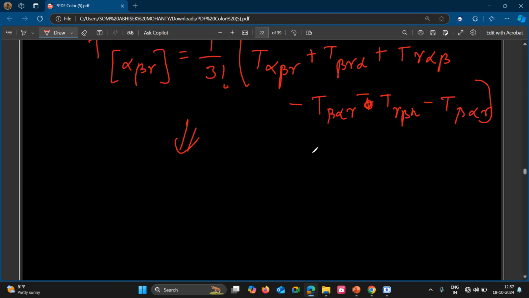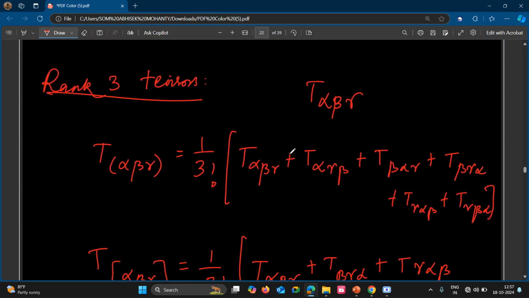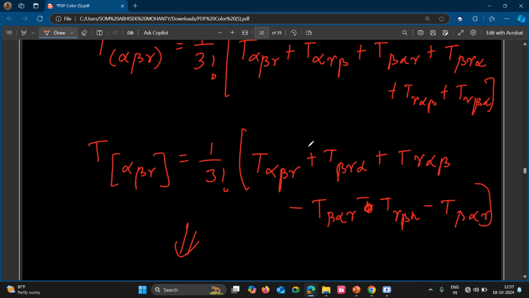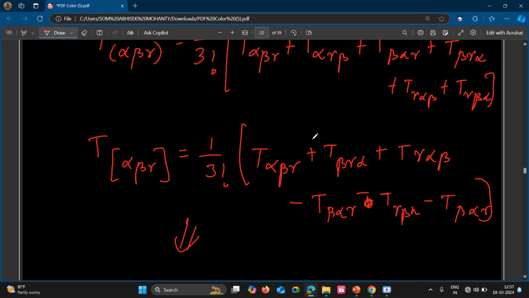The thing is, here the linear combination, the addition, will not give us the original tensor T alpha beta gamma. So let me write, in principle, the symmetrization and anti-symmetrization of any general covariant tensor of rank greater than 2, in a d-dimensional space-time.